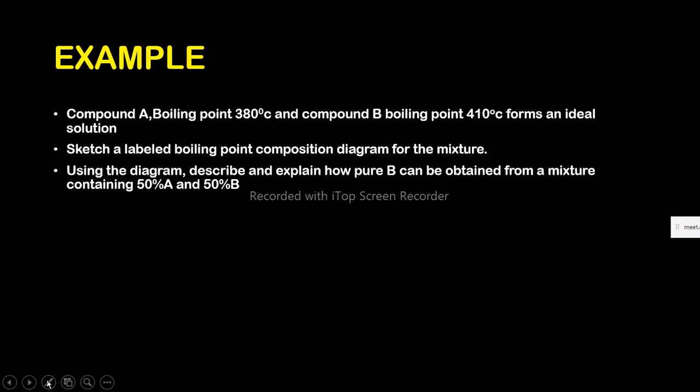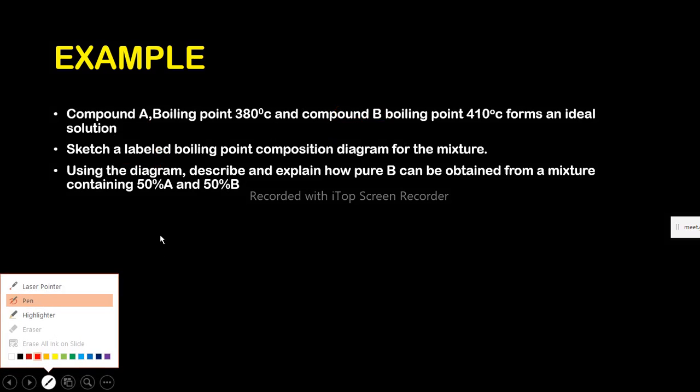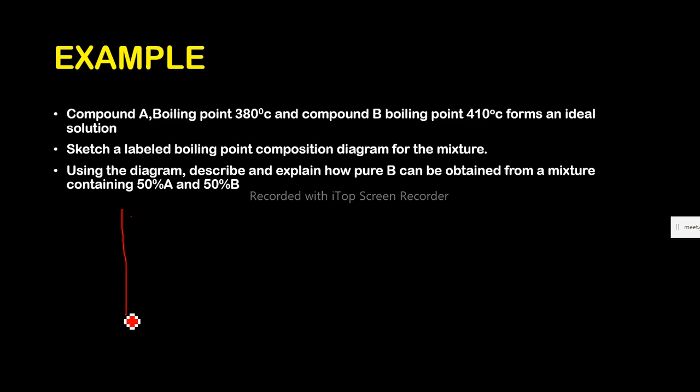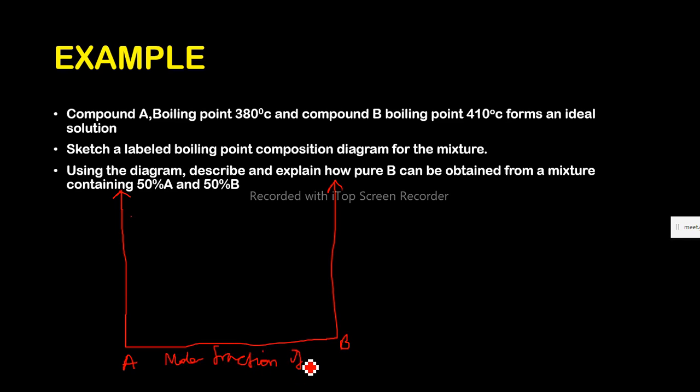Yes, I've created some space. It is just simple. So now, if we have our curves, and the curves must have arrows, you have A here and you have B here, and this one is the mole fraction of B, where this one is going to be 0 and this one is going to be 1.